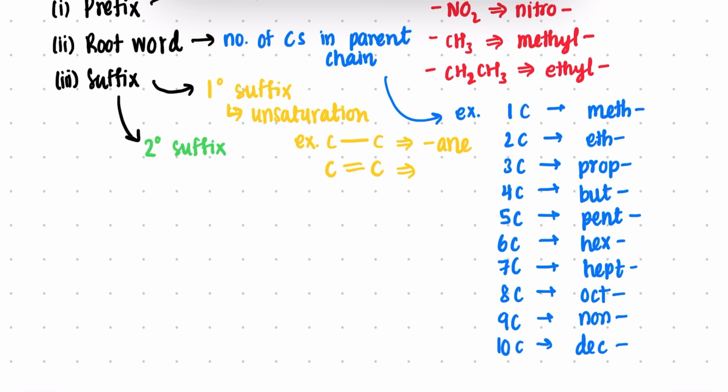That's when we use ane. For a carbon, double bond, carbon, this second case, ene, is when there's one or more than one double bond. And if there's a triple bond, one or more than one triple bond, we go with yne. So these are the primary suffixes that can be used.